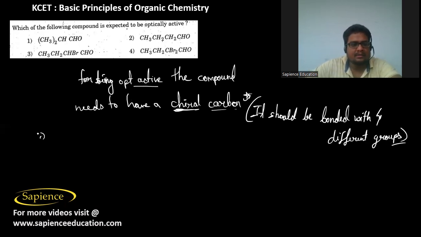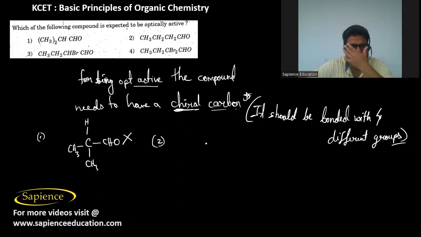Suppose, for example, in the first option, we have two CH3 groups attached to the same carbon, and one CHO group. So here two similar groups, so it is not optically active. And in the second one, it is CH2, and this is CH3, then this is CH2, and this is CHO.